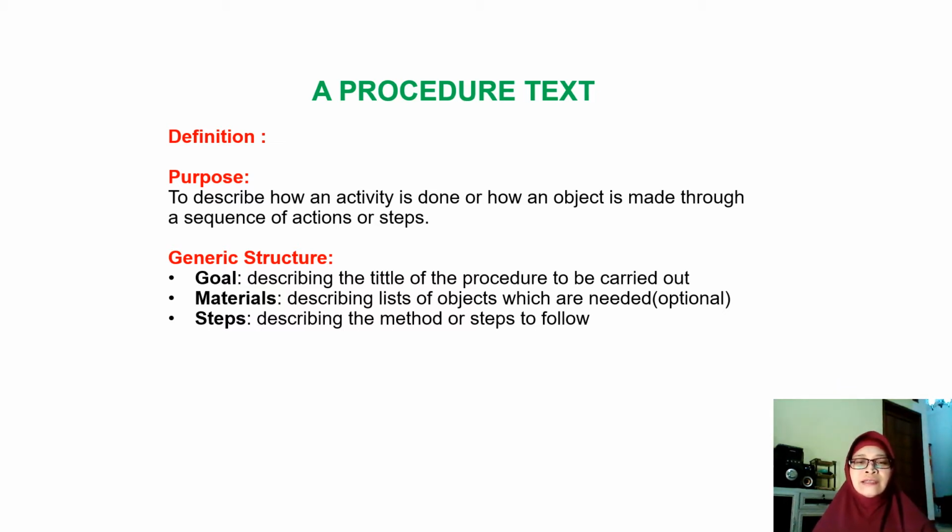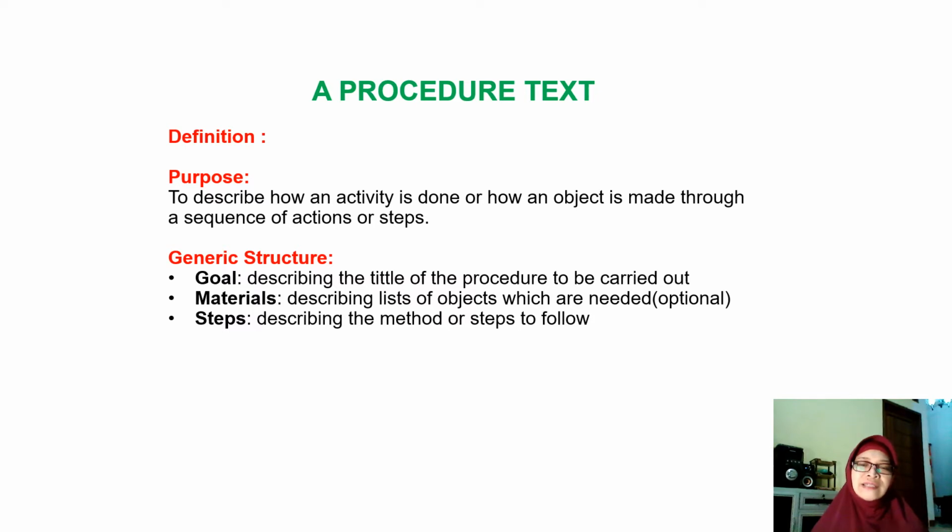Procedure text is a text which discusses how to do something or how to operate something. There are many examples of the procedure text. When you buy something like a television or maybe a laptop, you will find the manual there.